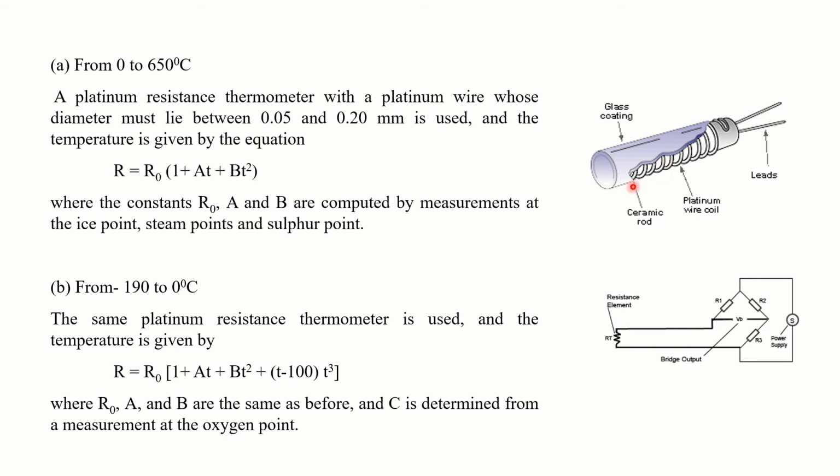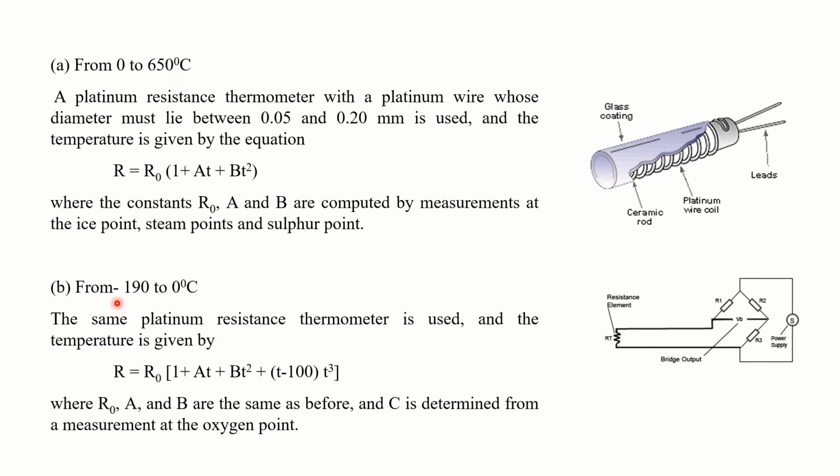This is what we simply call a platinum resistance thermometer. The diameter of the wire must lie between 0.05 and 0.20 millimeter. This equation is used for calibration purposes, and such thermometers can always be used to measure the temperature range from 0 to 650 degrees Celsius.